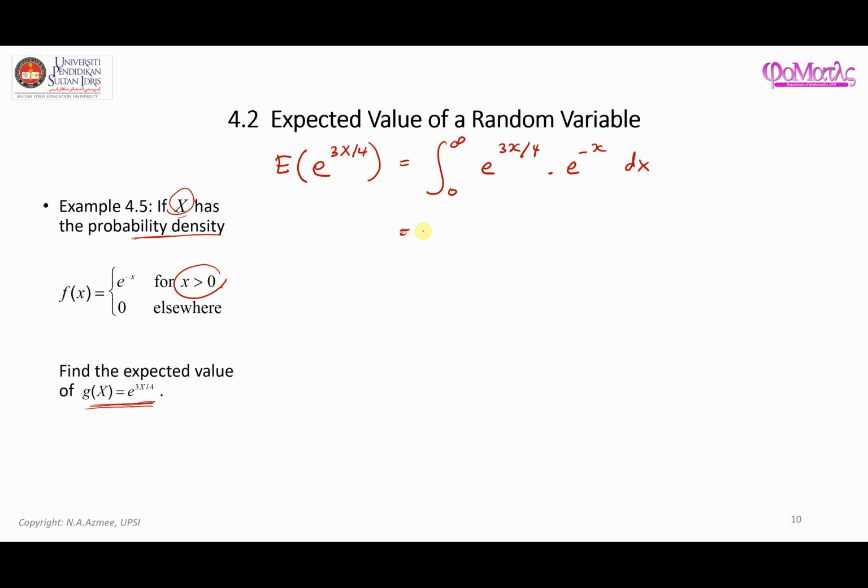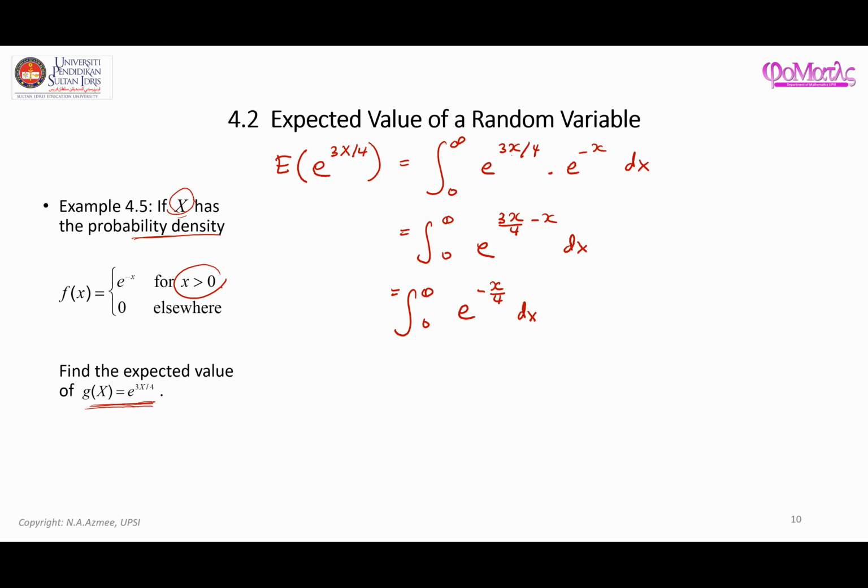And what we can do is consider them together. So 3x over 4 minus x. So what we have is e to the power of (3x minus 4x) over 4, dx. We're just grouping them together, so that will be easier. So then it will be from 0 to infinity, this will be e to the power of negative x over 4 dx.